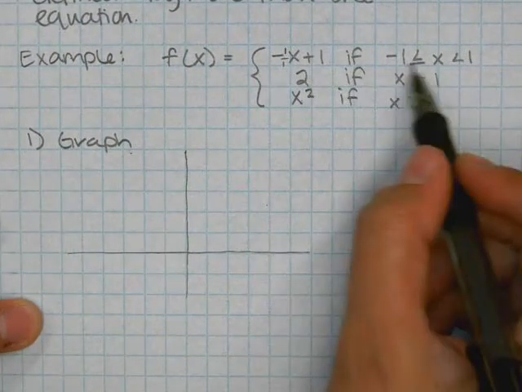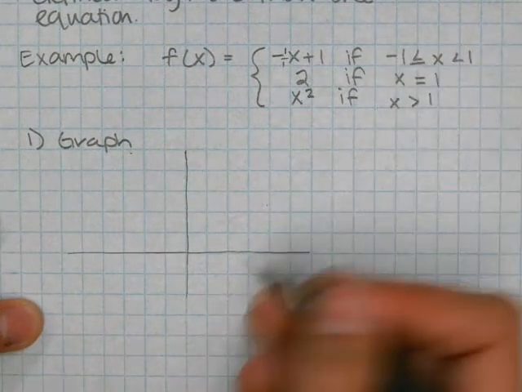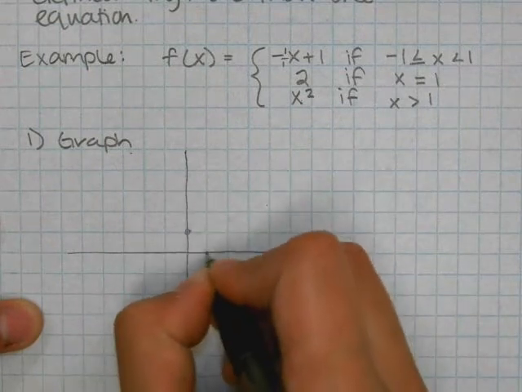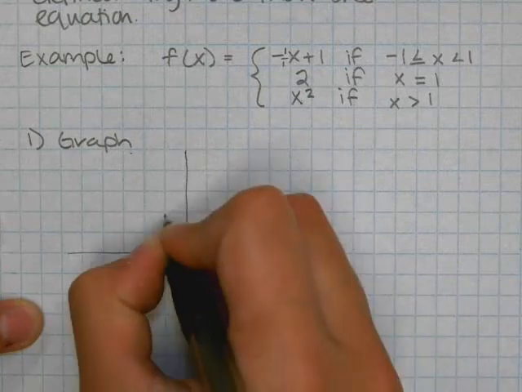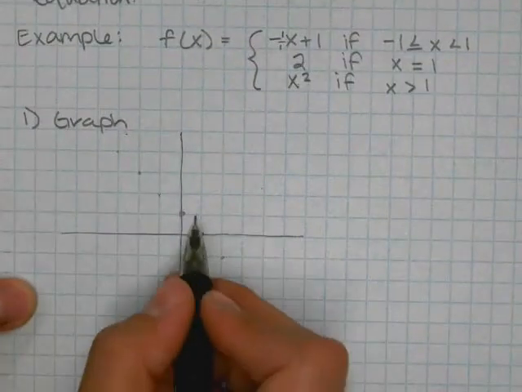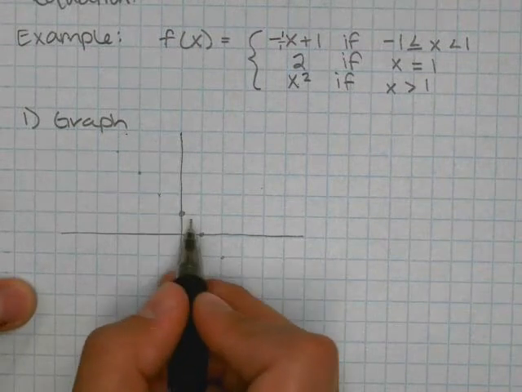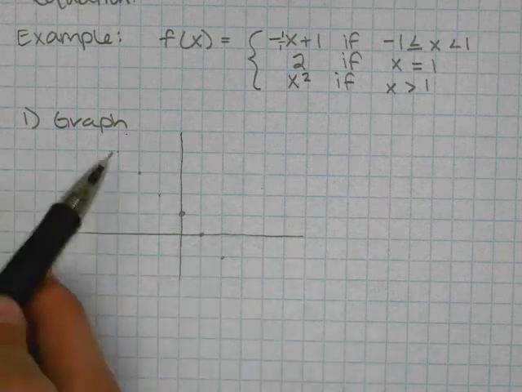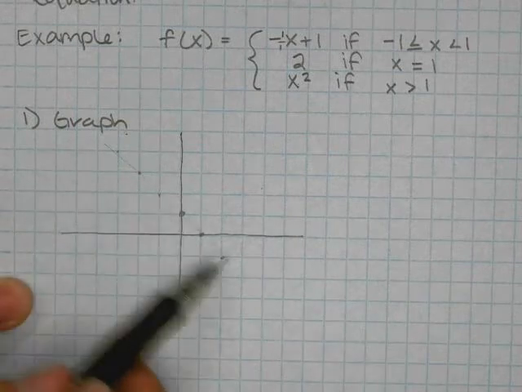So I'm going to ignore this part over here, and I'm just going to sketch what I know about this graph. I'm doing it kind of lightly because we're not going to use all of this, but I've got that slope of negative 1, and I have a y-intercept of positive 1 right there.